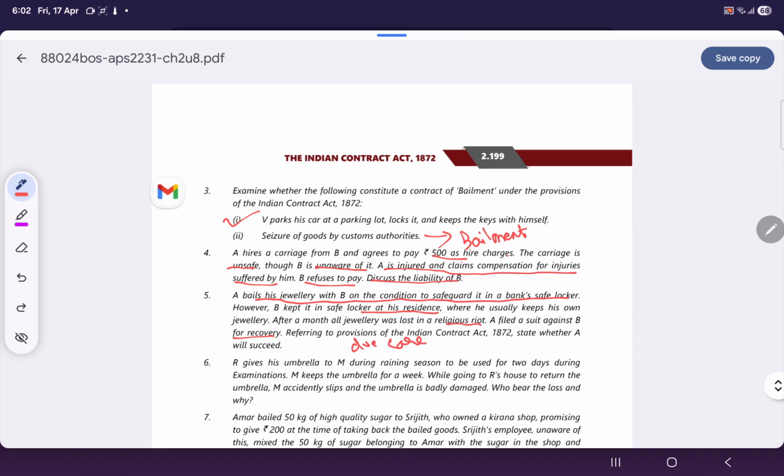It's the duty of the bailee to take due care as if he were the owner. Why are we saying he has not taken due care? Because he has not followed the instruction which the bailor has given. The bailor told him to keep it in the bank locker, but he has not taken reasonable care and has kept it in his own residence. Thus, B is liable to compensate A for his negligence in keeping the jewelry at B's residence.